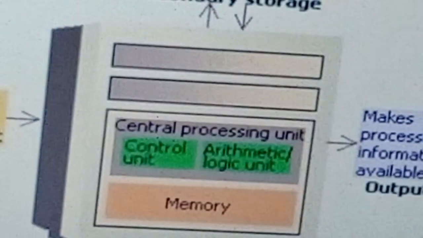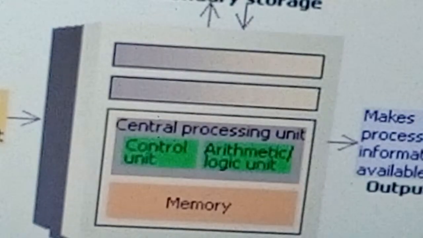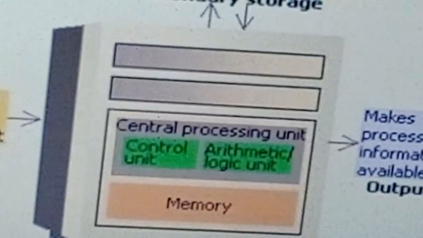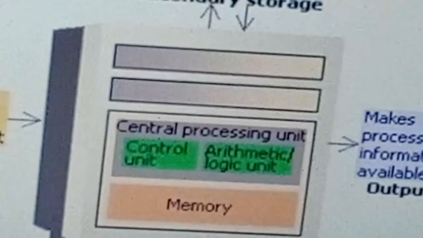Every application on a computer first loads into RAM, that is random access memory, which makes it faster to access.